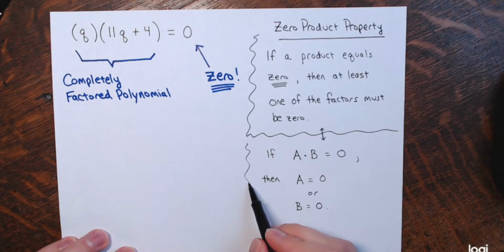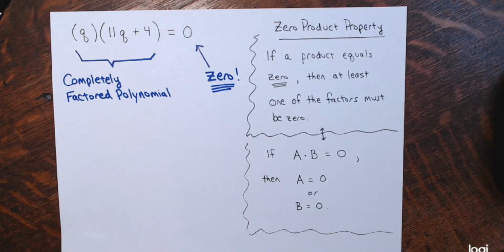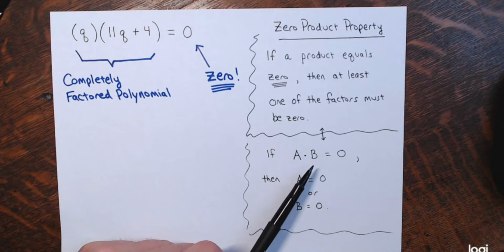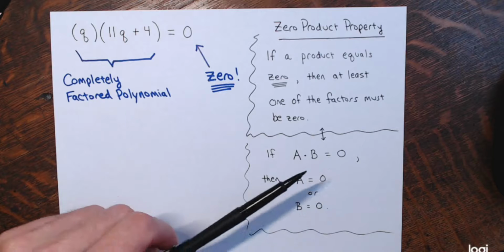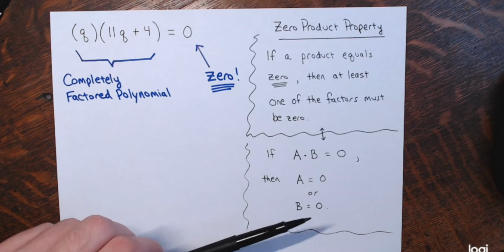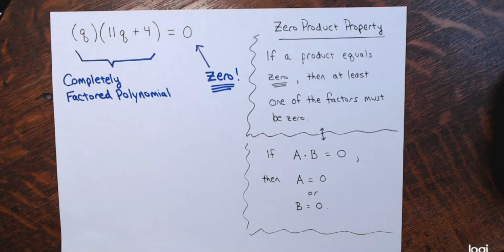So again, this is an equivalent way of saying that. And it doesn't have to be a product of just two factors. You could have A times B times C equals 0, then either A equals 0 or B equals 0 or C equals 0. And I could add on as many factors of the product as I wish.